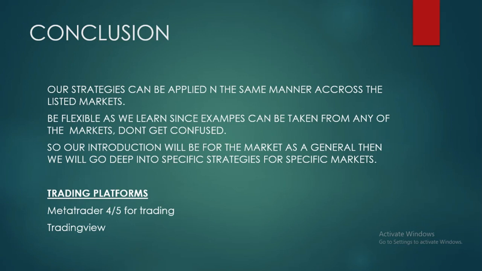So as we conclude, we have different trading platforms that we'll be using. Because of the tools that we have there, I will encourage you to be using MetaTrader 5. We have MetaTrader 4 and MetaTrader 5, and I'll encourage you to use MetaTrader 5, because it's an update of MetaTrader 4.